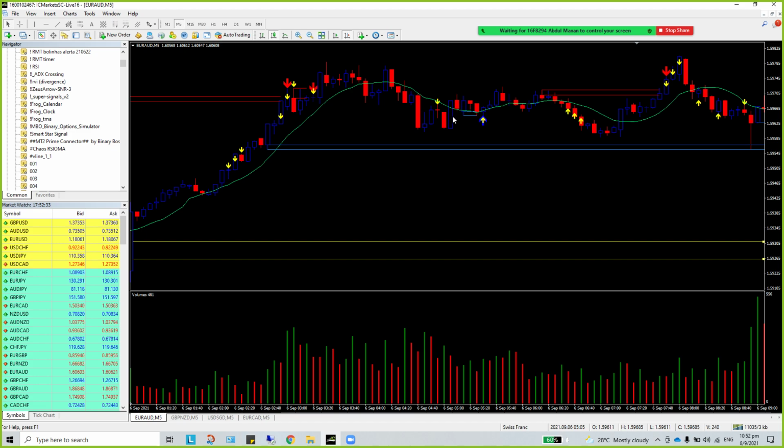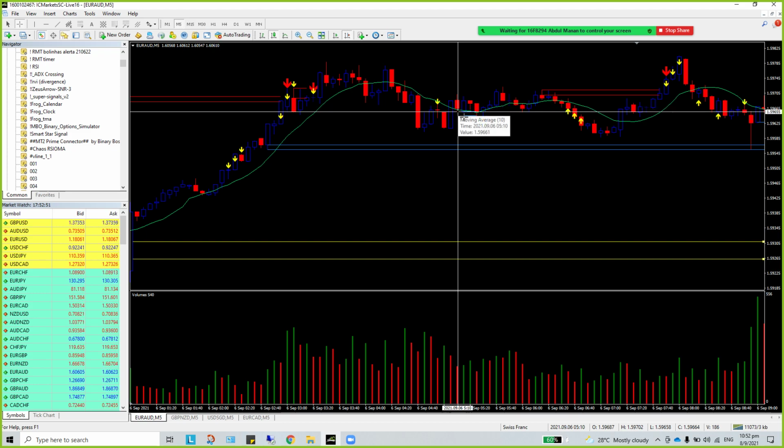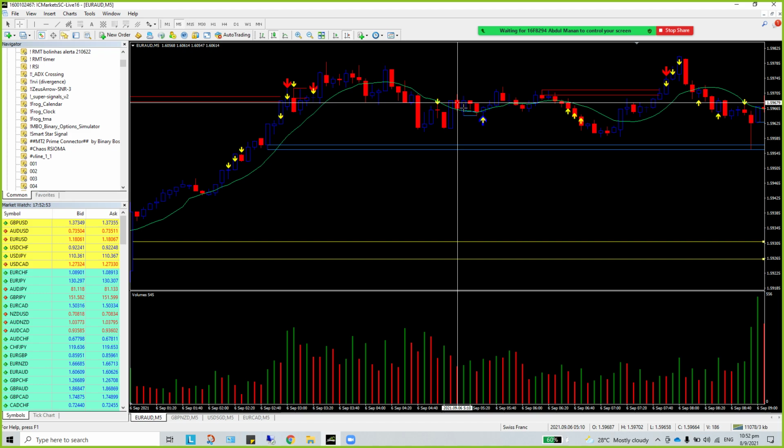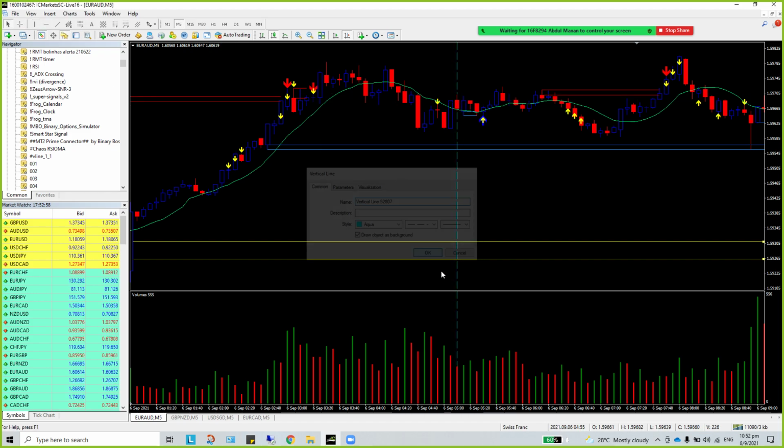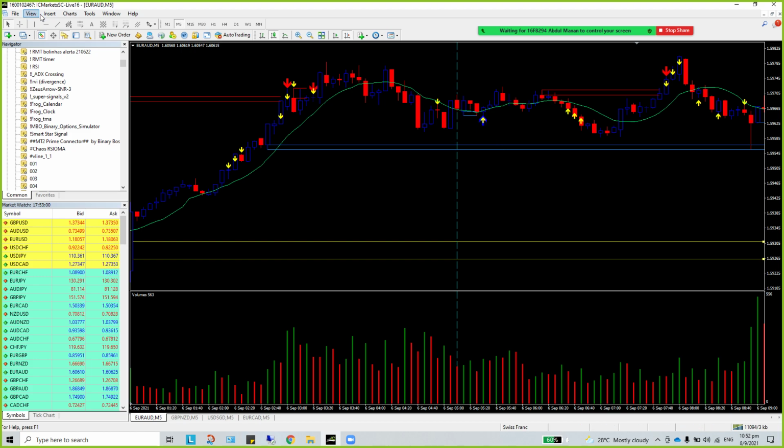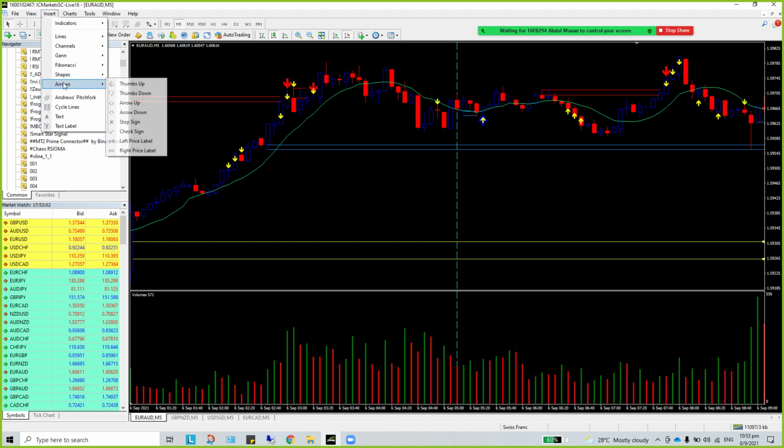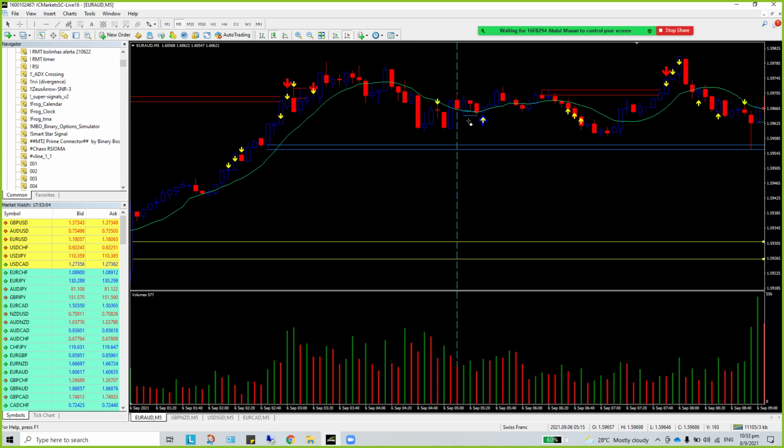If the candle is below, it acts as a resistance. From the resistance we always consider buy signals. From the support we have to consider sell signals. So the sell signal has a wick that has touched and closed above this moving average. On the next candle we need a buy arrow.